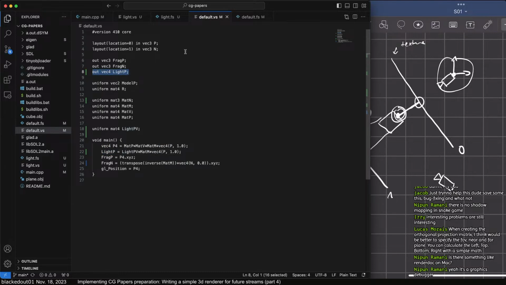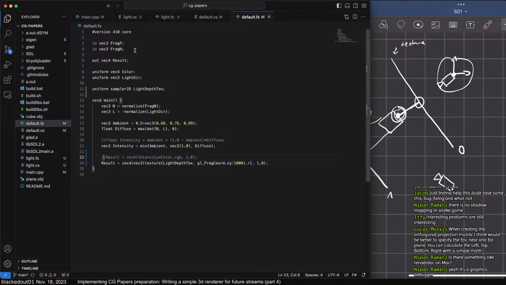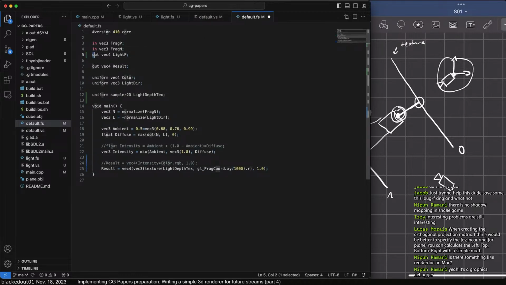And now we can accept this in the fragment shader. So we are now in the fragment shader, meaning we look at each pixel, and we have the position of the point in the light space.